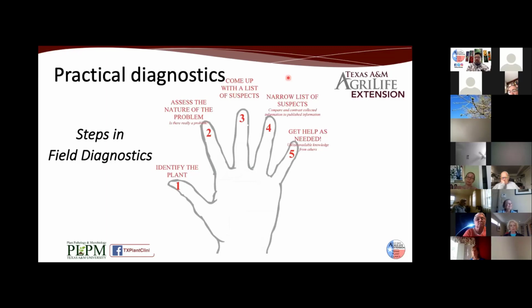Now, I didn't go through very much on practical diagnostics. We do have a program called the Master Gardener Advanced Training First Detector that we don't really do as plant pathology diagnostic training, in the sense that it's often very difficult to have samples ready to look at.